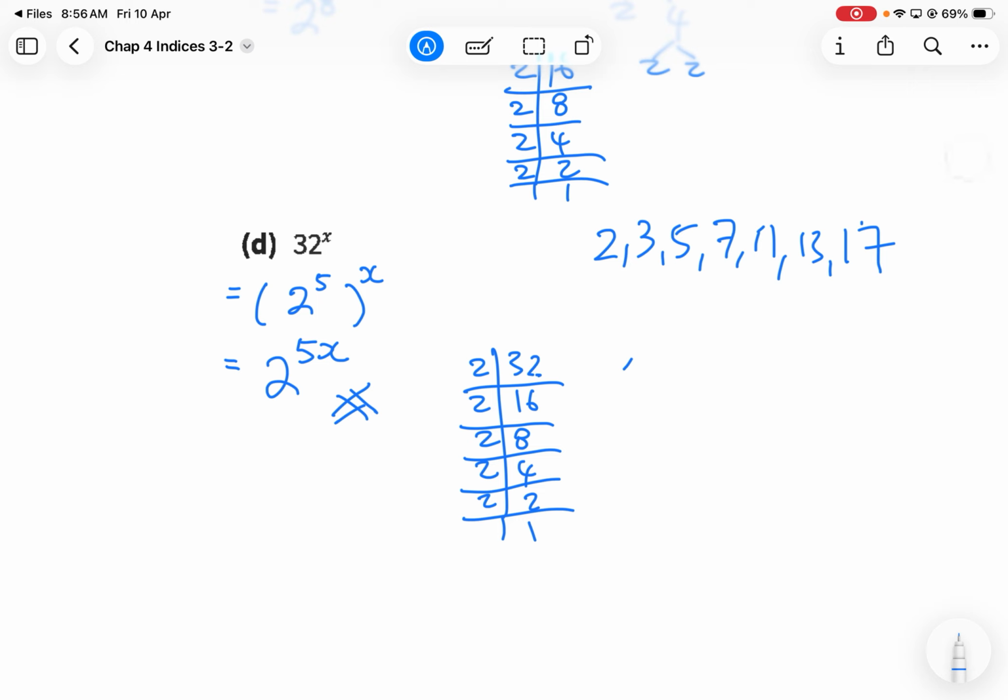Okay. So I always try the smallest one first. See can divide by 2 or not. Divide by 2 already, still can divide by 2, I divide by 2 again. 32 divided by 2 is 16, 16 divided by 2 is 8, 8 divided by 2 is 4, 4 divided by 2 is 2, 2 divided by 2 is 1. I keep dividing until I get 1 here. So 32 is the same as 2 multiplied by itself 5 times.